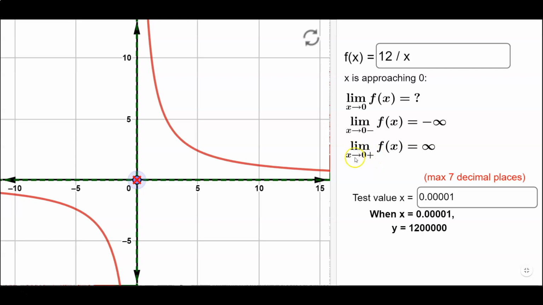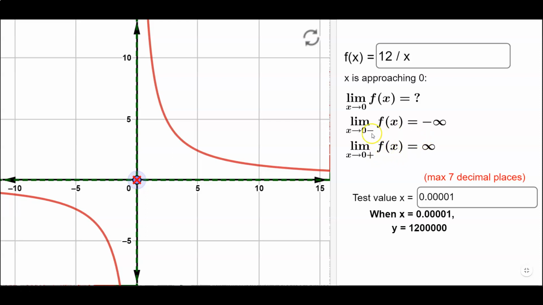That's what this 0 plus means. So as I get closer and closer to 0, the y coordinate gets closer and closer to infinity. This is called a one-sided limit.